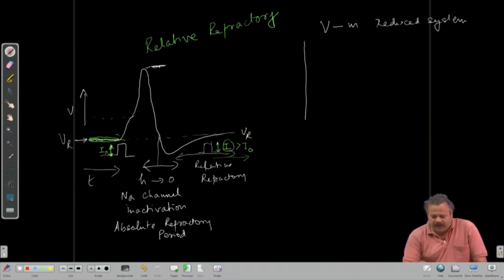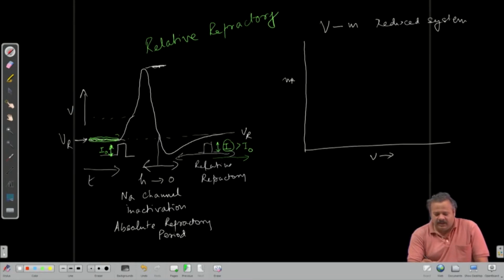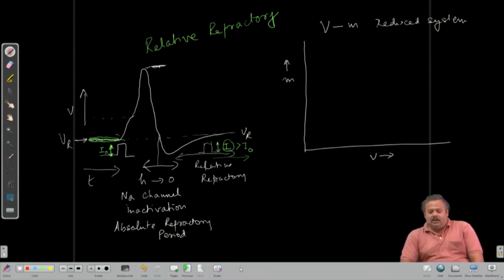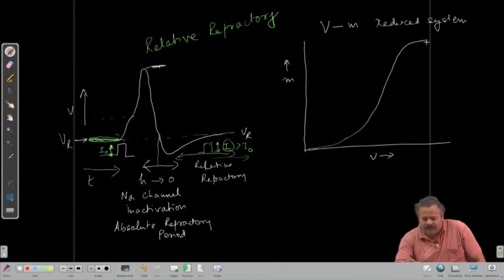So, if we draw the phase plane here, that is, we have V on this axis and M on this axis. We have our dm/dt equals 0, which is the M null-line, which, as in our previous lecture we saw, is going to be the same, and this is our V rest here.